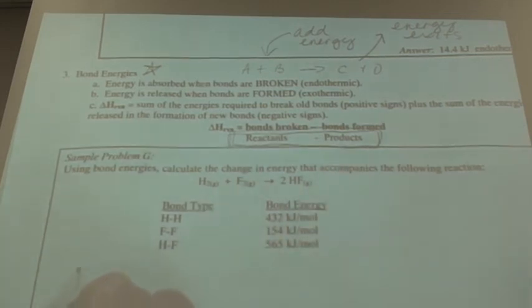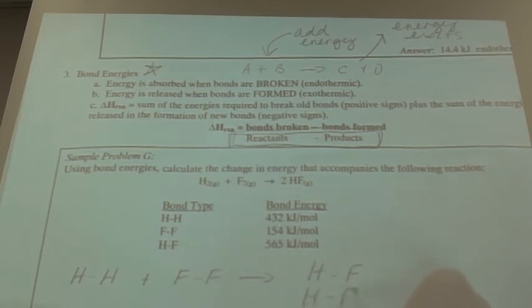What I'm saying is this: H2 bonded together, F2 bonded together, yields... understood? Now, remember we're doing reactants minus products to give us the delta H of reaction.